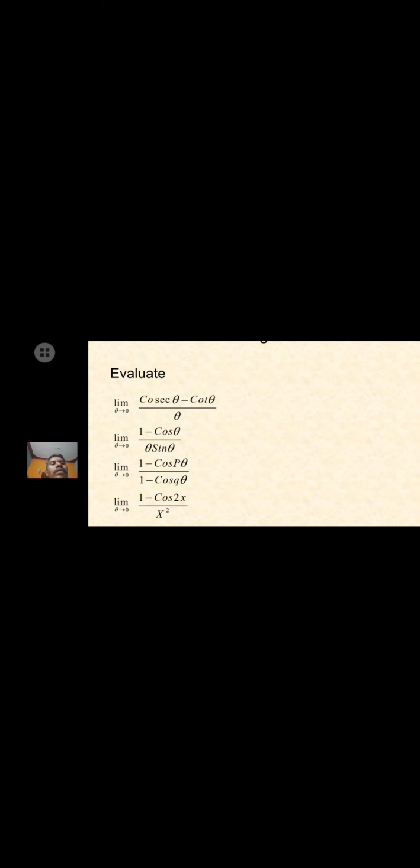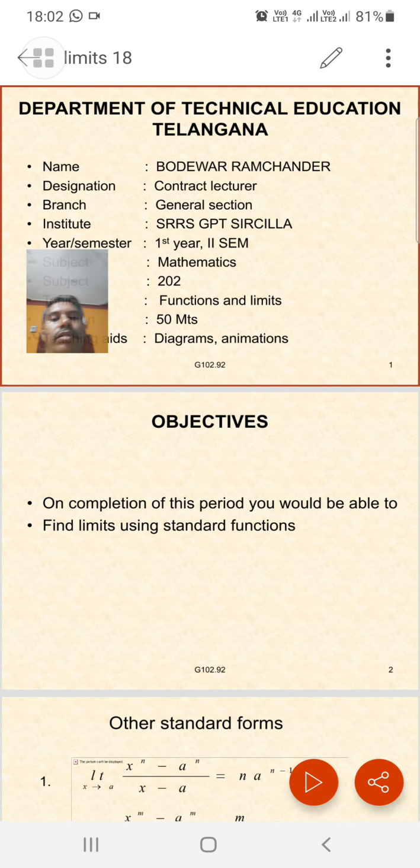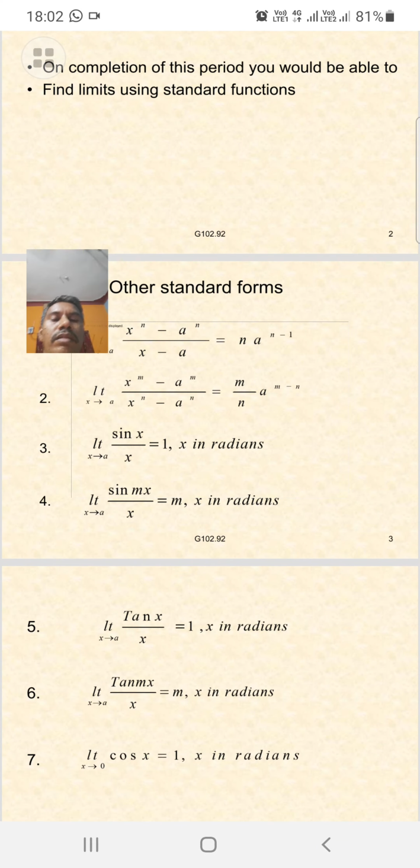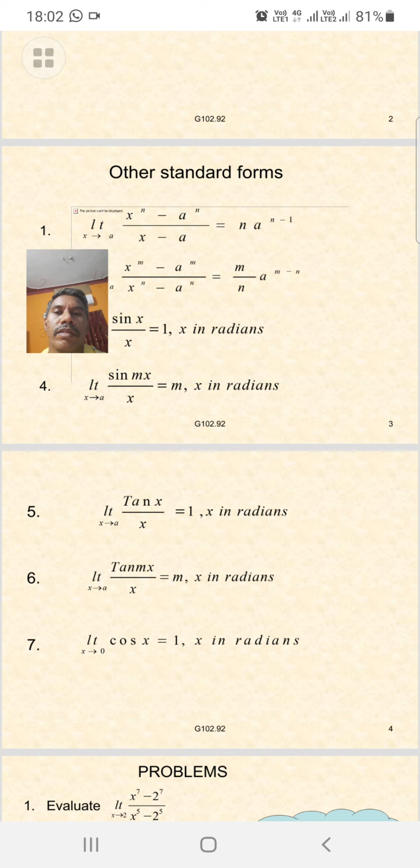Limit theta tends to 0 of 1 minus cos 2x by x square. So you have some more problems in our math textbook. Exercise problems you can start doing.